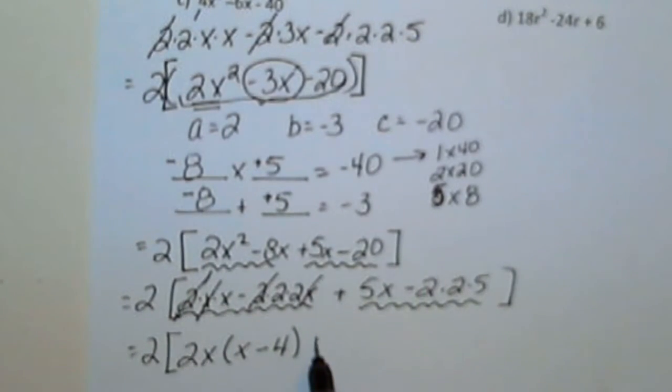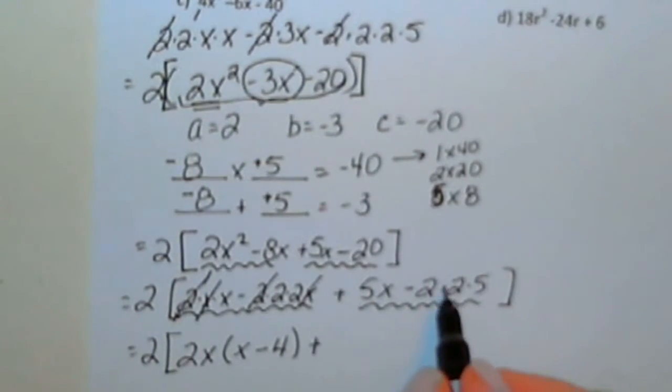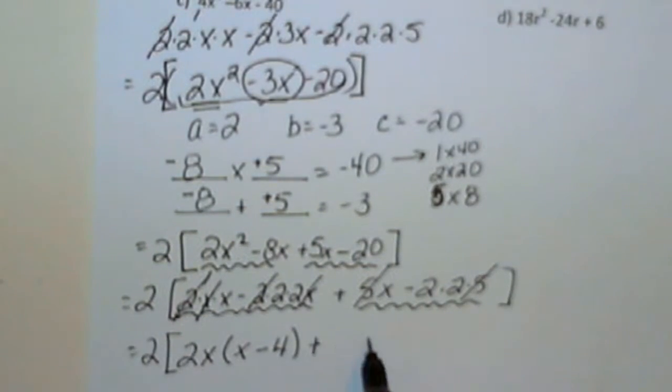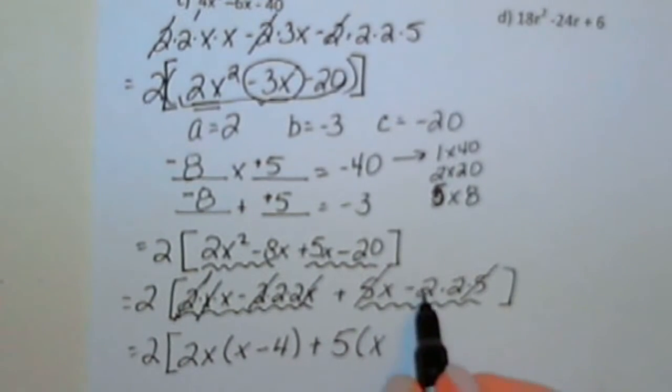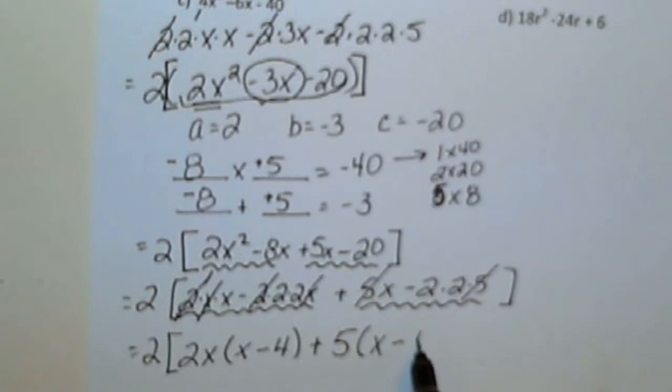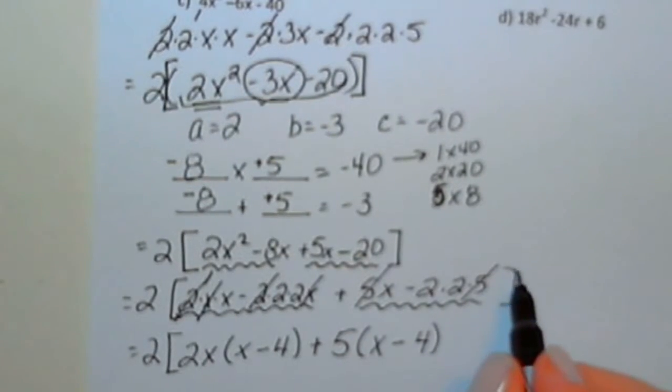Then I have this plus sign. What do these two have in common? They both have a 5. So I put that down. What's left after I've crossed out the 5? In round brackets, I have an x, a minus sign, and 4. Round brackets followed by the square brackets.